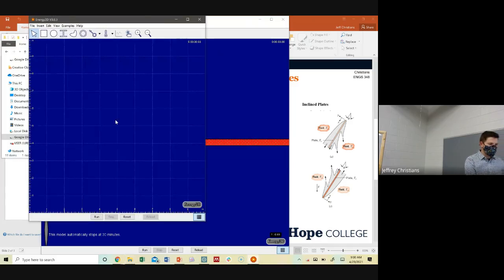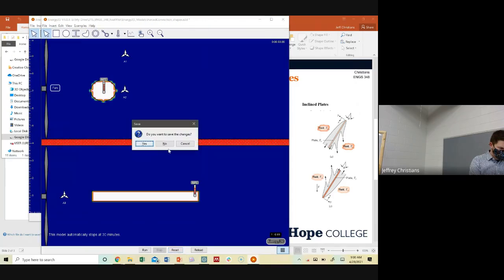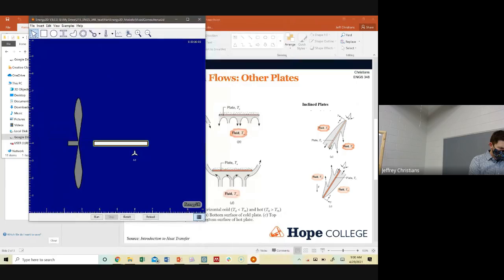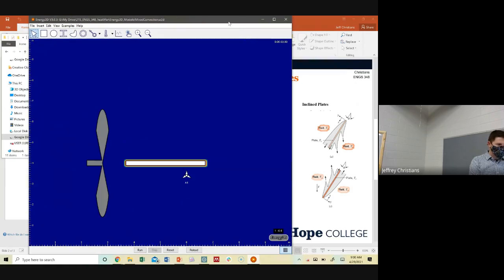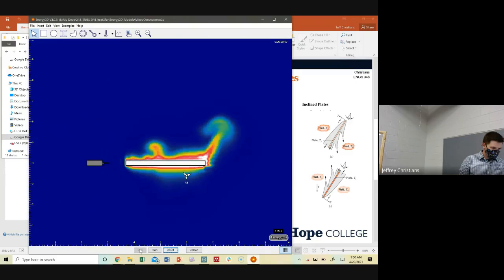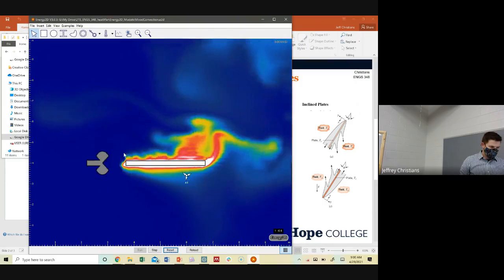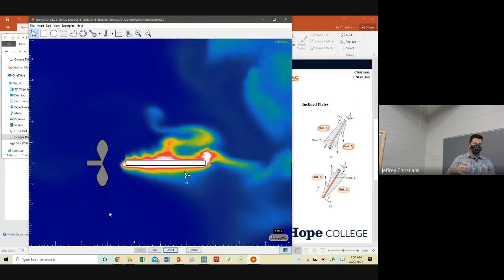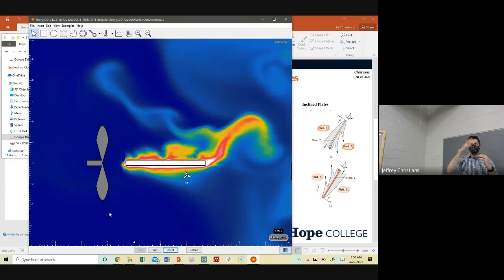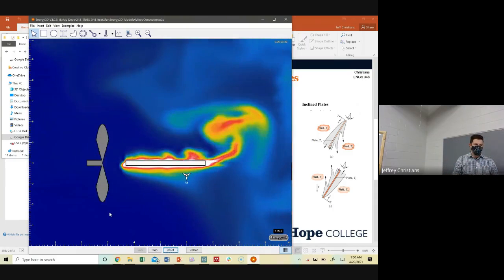Okay, so we talked briefly about mixed convection. Again, we can kind of see that happening. Those two before were pretty purely forced convection, and you could see that the top and the bottom surface were behaving the same. In this case, you can see we have some boundary layer formation at the bottom and at the top, but also at the top you get this effect of the hot fluid kind of peeling off.